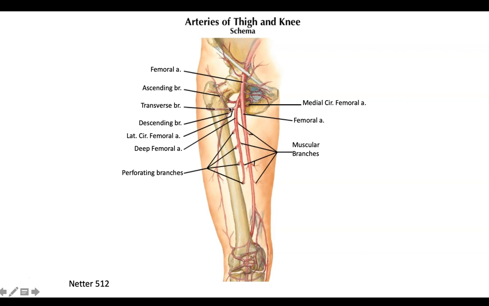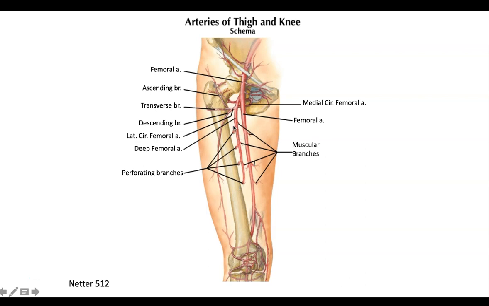So medial and lateral circumflex femoral arteries are the branches of the deep femoral artery. Then the deep femoral artery also gives rise to some perforating arteries. So there are 4 perforating arteries. 3 of them are branches arising from the deep femoral artery. The 4th perforating artery is actually the continuation of the deep femoral artery itself.